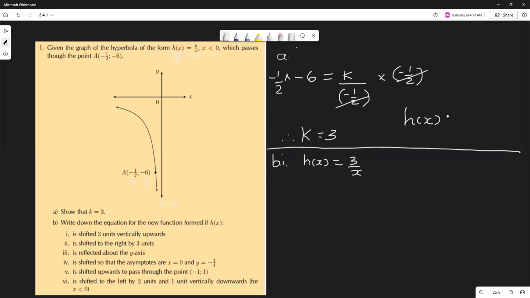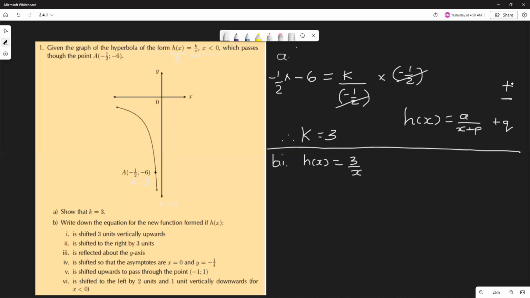Remember, h of x is a over x plus p, plus q. For up and down, you are going to be changing the q. For up, you plus. For down, you minus.